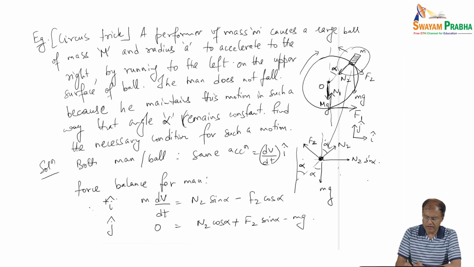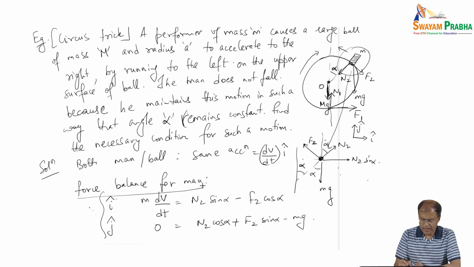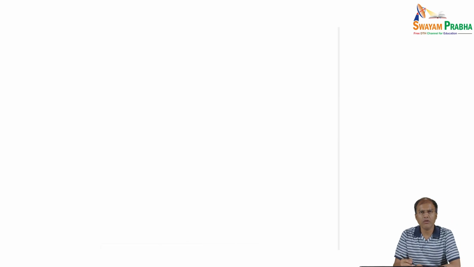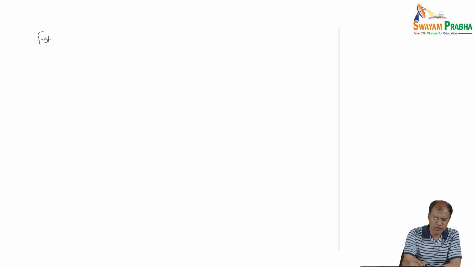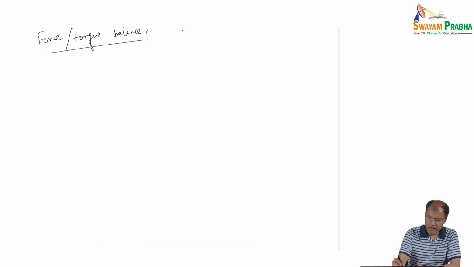Okay, so this is for one object, and similarly for the other object, the ball, we can write something similar. Now the ball is rotating here. The man is a point object, the ball is a rigid body, so the ball will not only experience translation but also rotation. So the force and torque balance: m dv/dt is F1 plus N2 sin alpha plus F2 cos alpha, right?